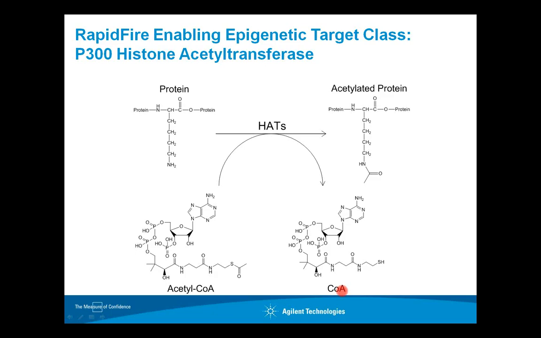Here we're looking at the addition of an acetyl group, and also the possibility of sequential modifications, which can lead to multiple analytes of interest. This example is the enzyme P300 histone acetyltransferase, which catalyzes the reaction of adding an acetyl group onto a protein using acetyl-CoA.